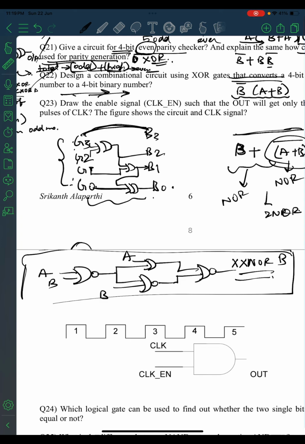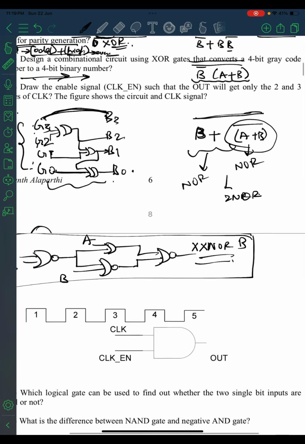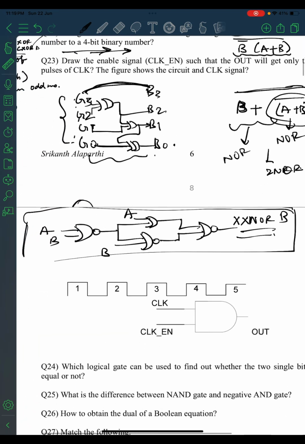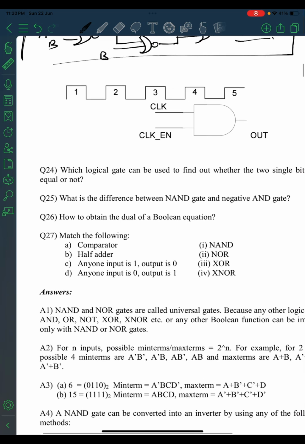Coming to the 23rd question: draw the enable circuit such that the output will only get the 2nd and 3rd pulses. Here only 2 pulses, the second pulse and third pulse, should come out. So what we need to do is make enable high over this region. That is the answer for this question.